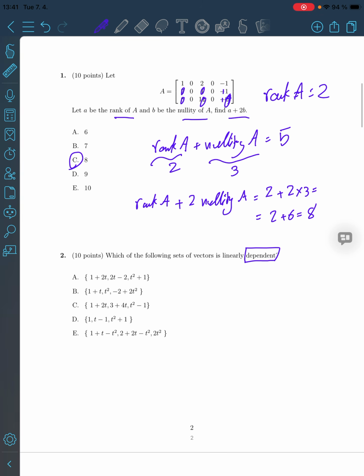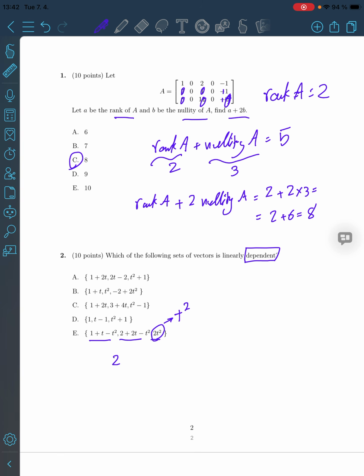If you carefully look at all of the options, you will see that in part E, for example, you have this, and then you have this. But instead of this, you can easily replace t squared, because scalar multiplication doesn't impact linear independence.